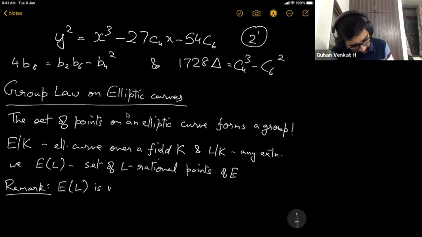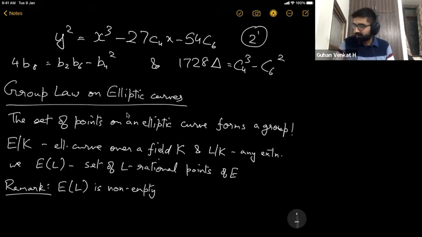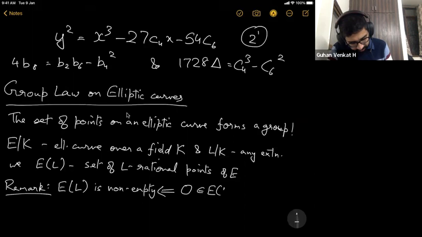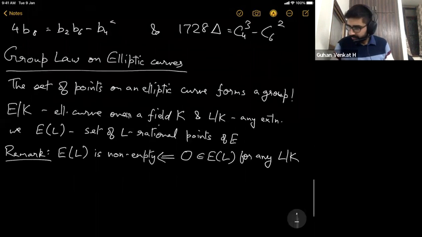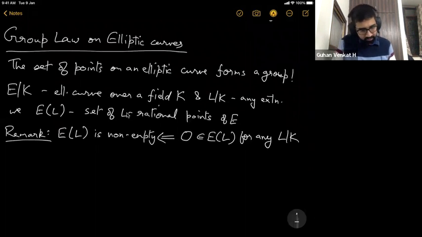There's always at least one rational point, and this is quite trivial because the point at infinity, O, is an L-rational point for any extension of the base field K. Further, this will also form a group.